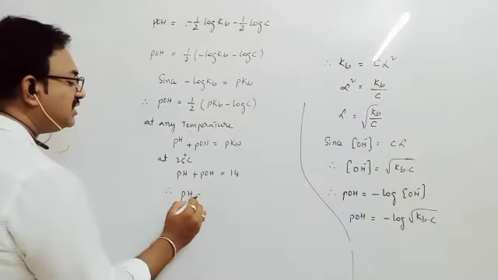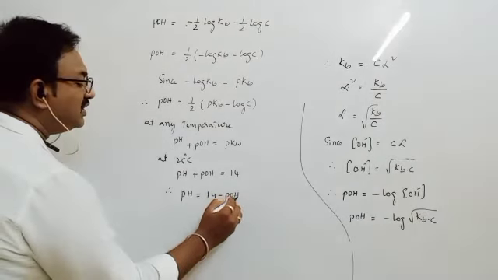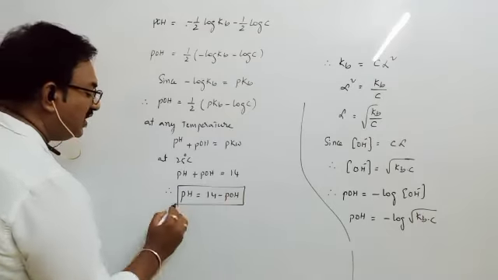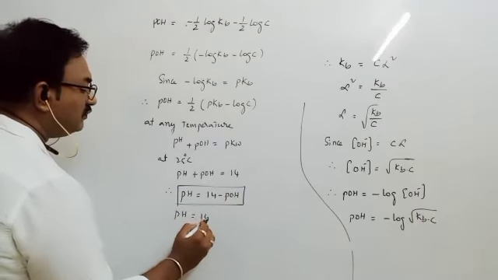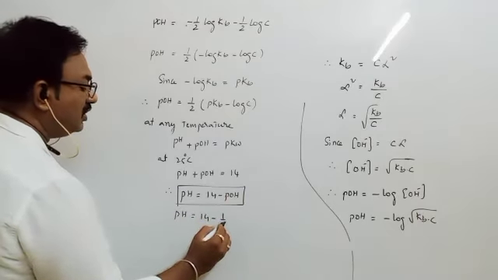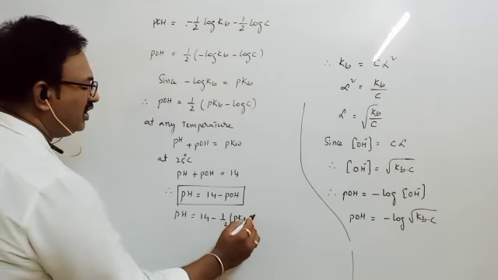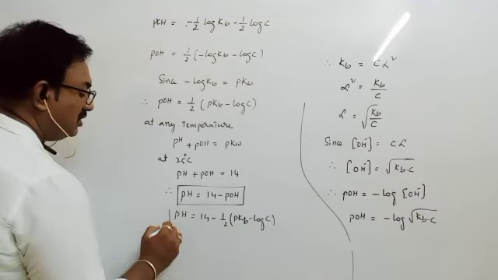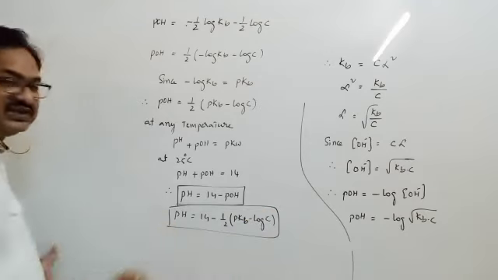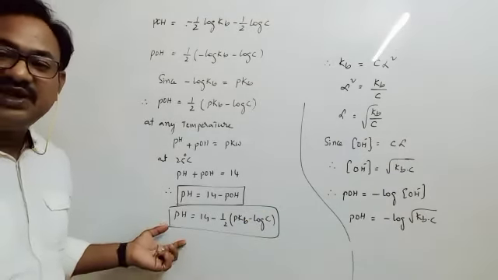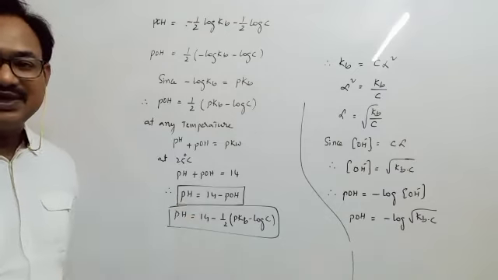Therefore, pH is equal to 14 minus pOH. So finally, pH is equal to 14 minus half into pKb minus log C. So this is the way to calculate the pH of a weak base as per Arrhenius theory.